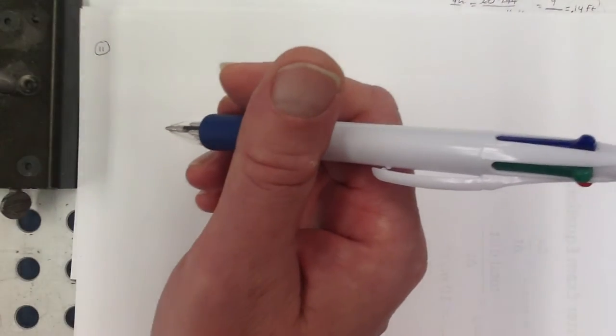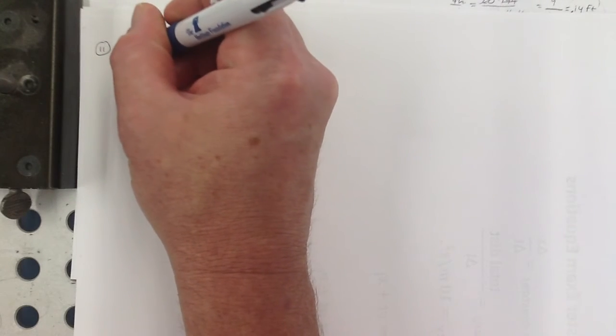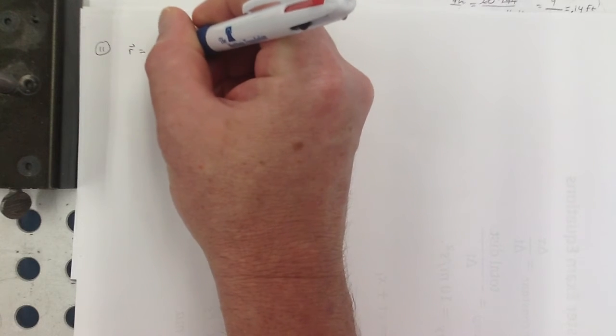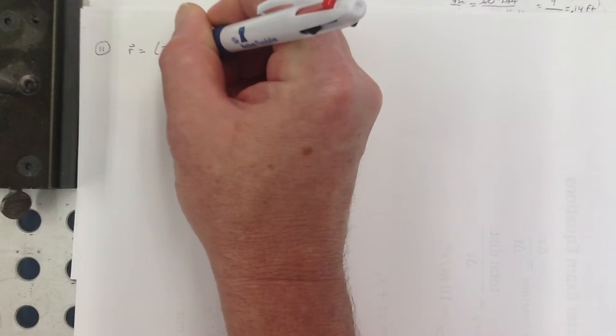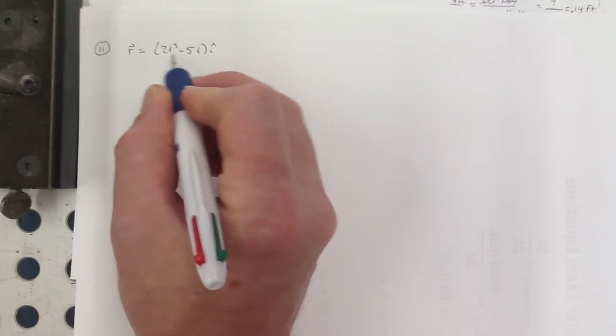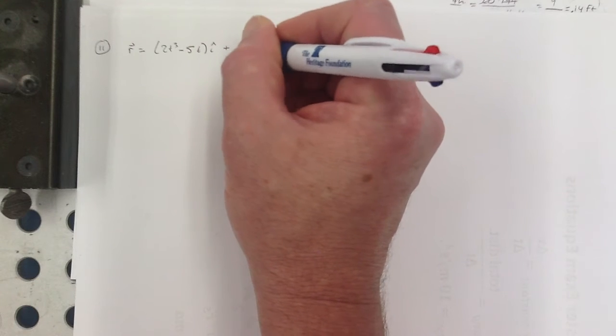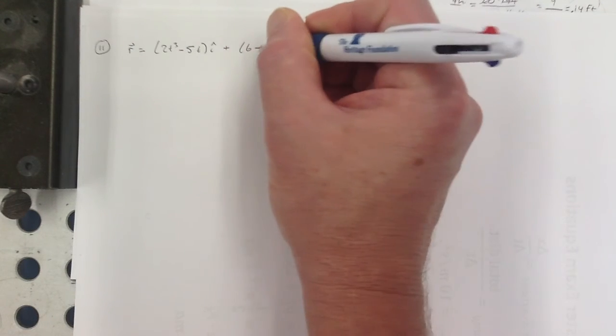The position r of a particle moving in an xy plane is given by this function. So r is equal to, and you notice that each component, like in the I direction, it has its own little function, and in the j direction, it's got its own little function.